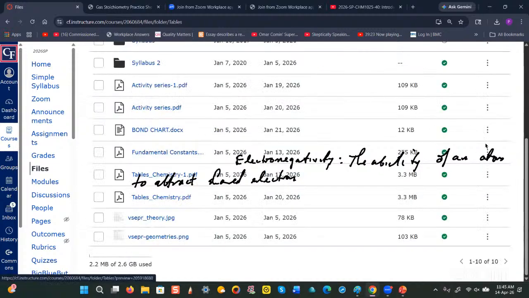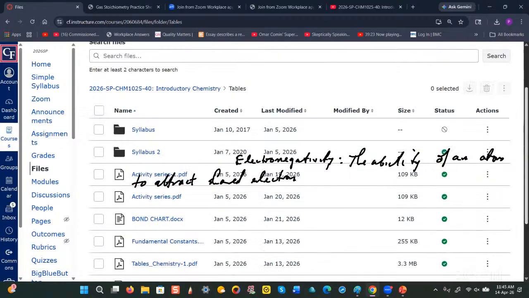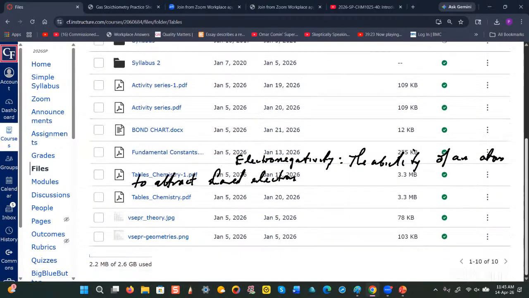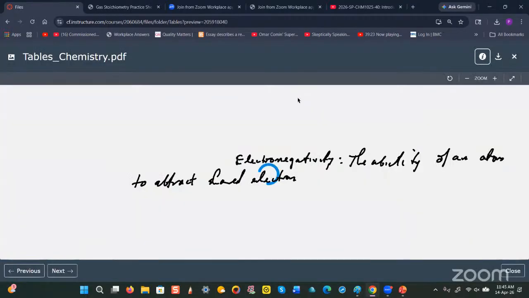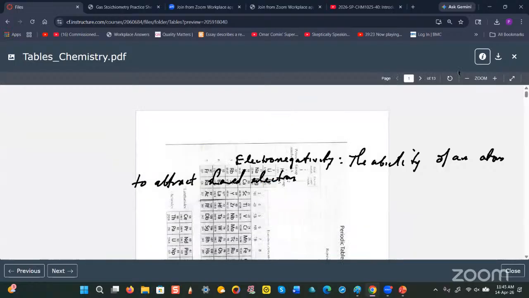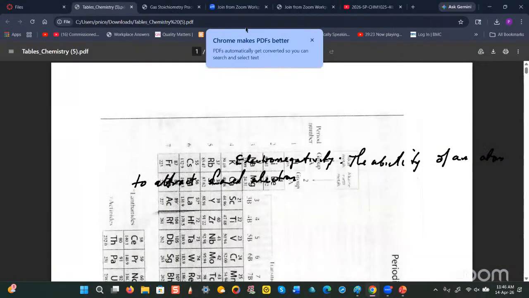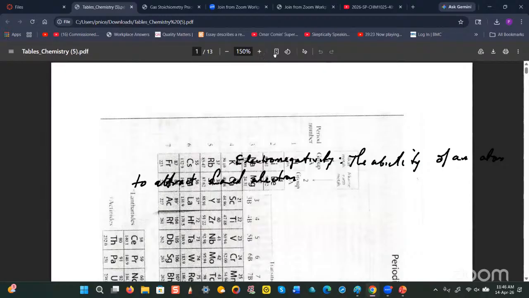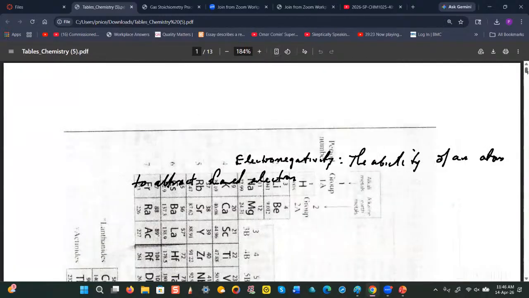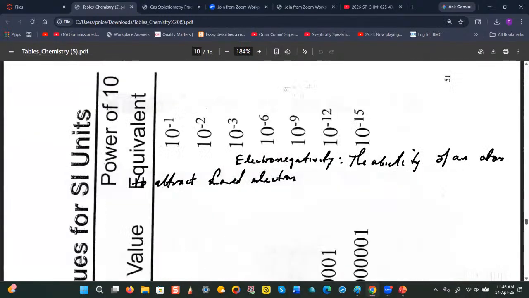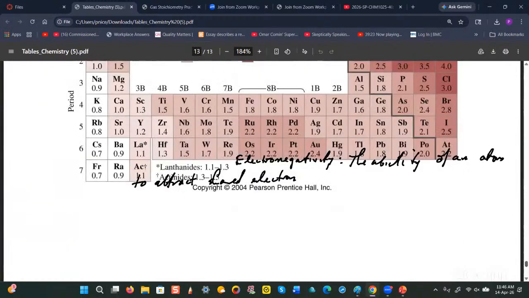Okay, so. I think it's the very last page. Yes, this is it, right?